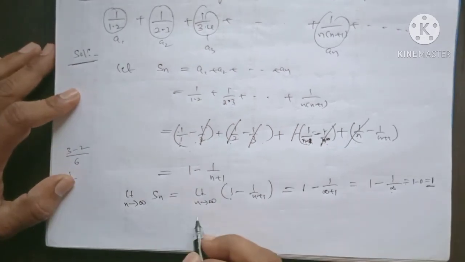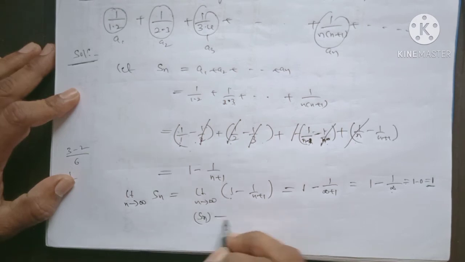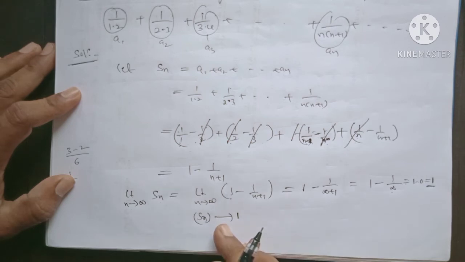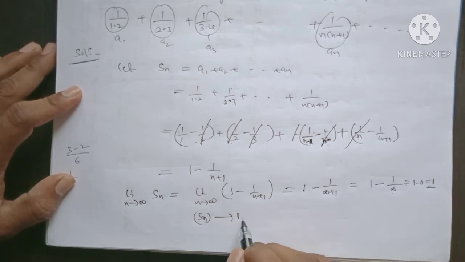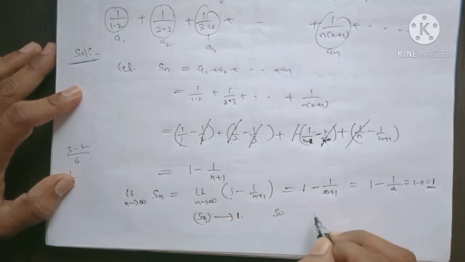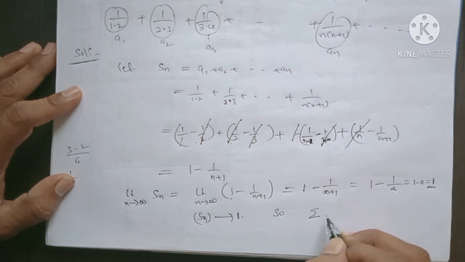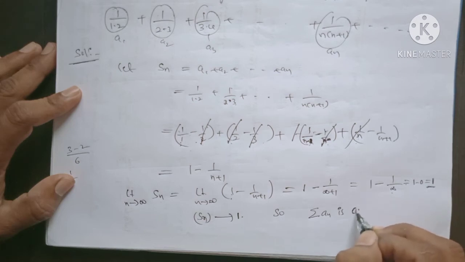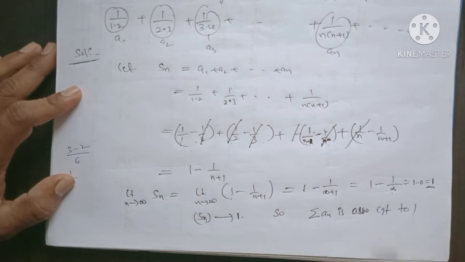So this partial sum is convergent. The sequence of partial sums Sn converges to the real number 1. It is a finite number. So the given series sigma an also converges to 1.